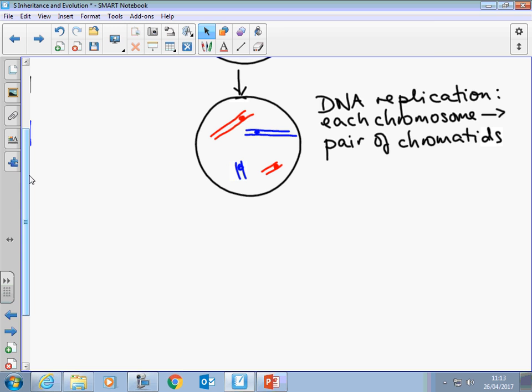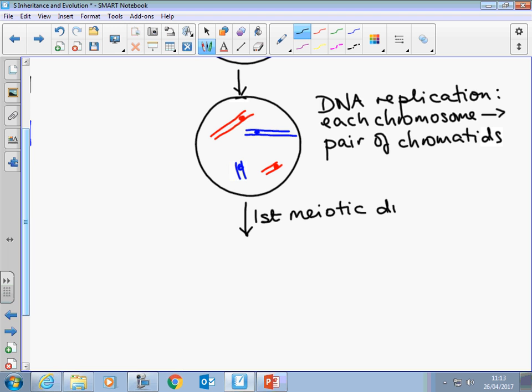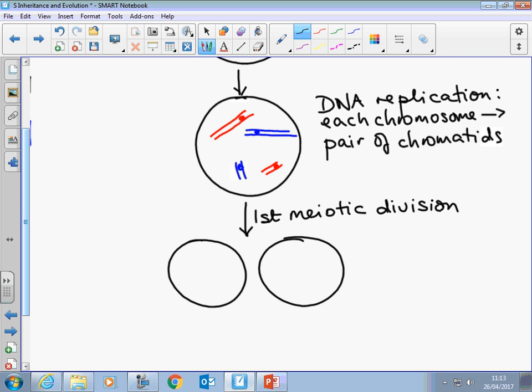But you then get the first meiotic division. I'm just trying to work out how I'm going to put this. You get 2 cells. Actually, I'm going to show them slightly exchanged, I think.